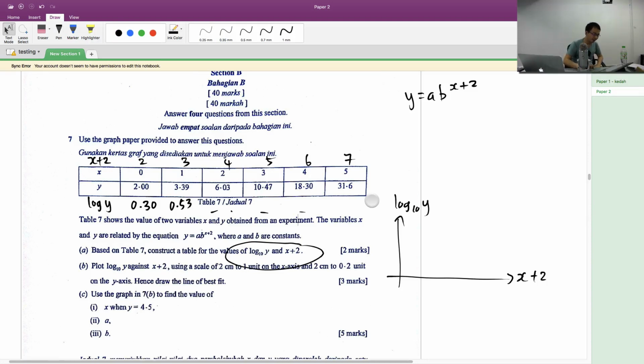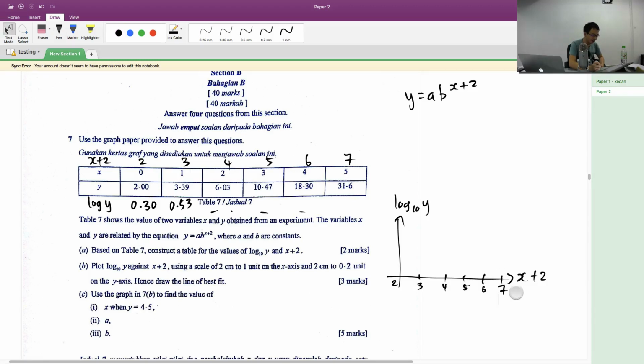Then they ask you to plot the graph. They ask you to plot log y against x plus 2 using a scale of 2 cm to 1 unit on the x-axis and 2 cm to 0.2 unit on the y-axis. So on the x-axis you should have something like this. Maybe you can start from 2, it doesn't matter: 2, 3, 4, 5, 6, 7.